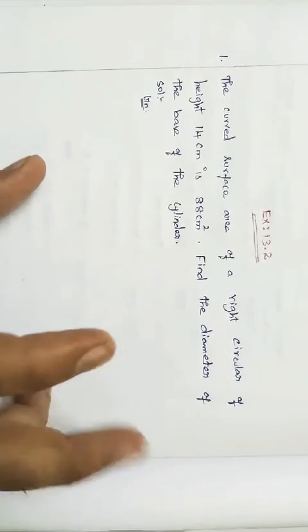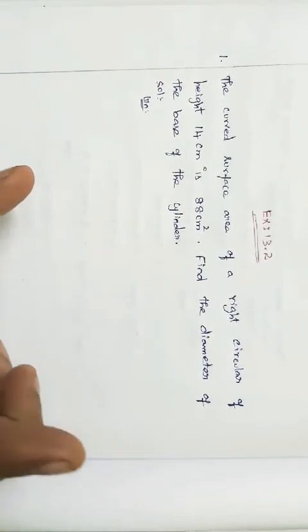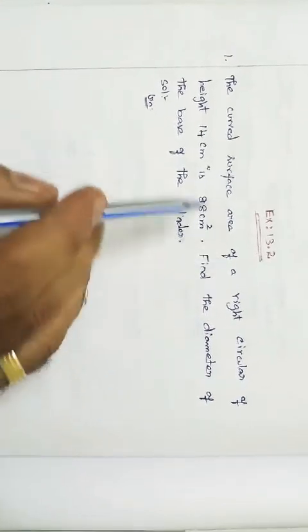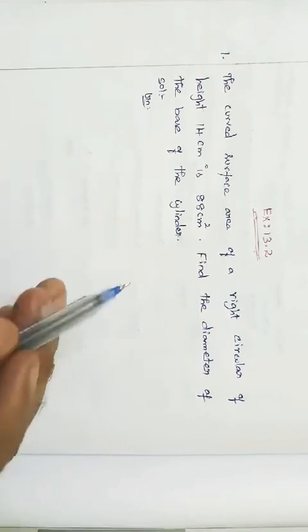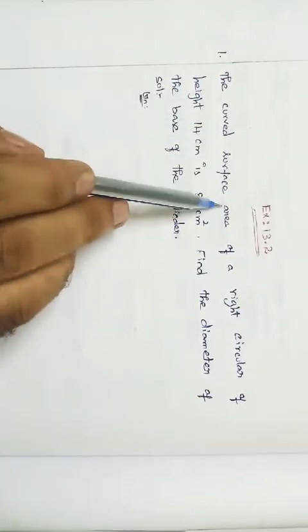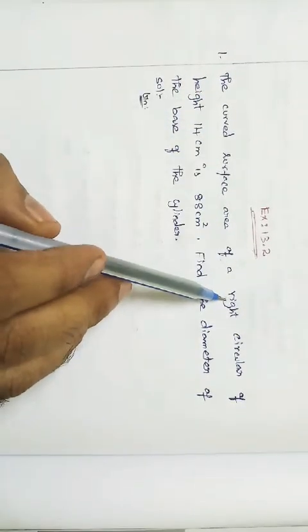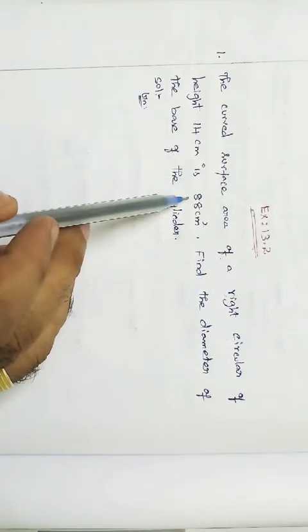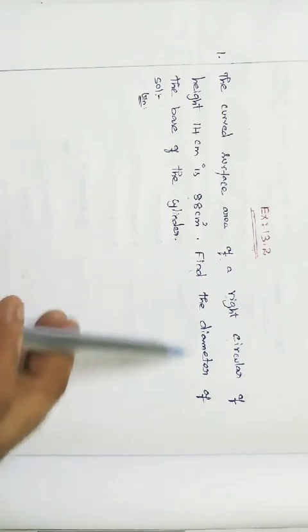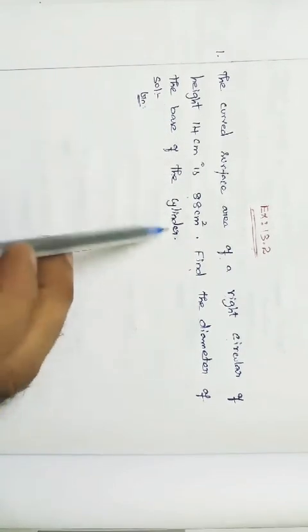Whenever we are going to solve a word problem, first we have to sort out the given from the question, right? That is very, very important. The curved surface area of a right circular cylinder of height 14 centimeter is 88 centimeter square. Find the diameter of the base of the cylinder.